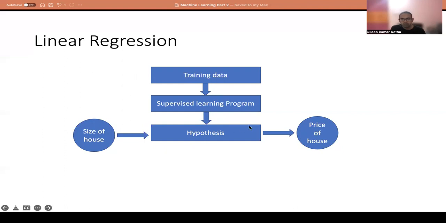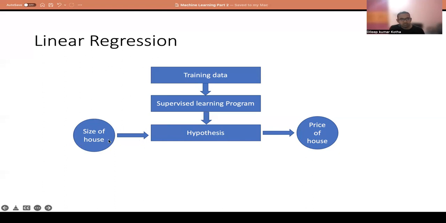When we deal with much more complex programs, the hypothesis can be a non-linear picture, like an exponential function or something similar.